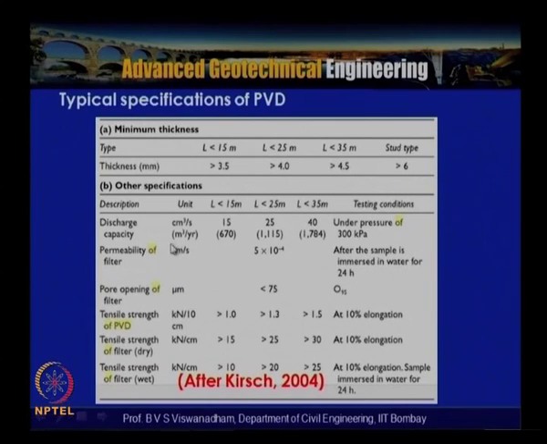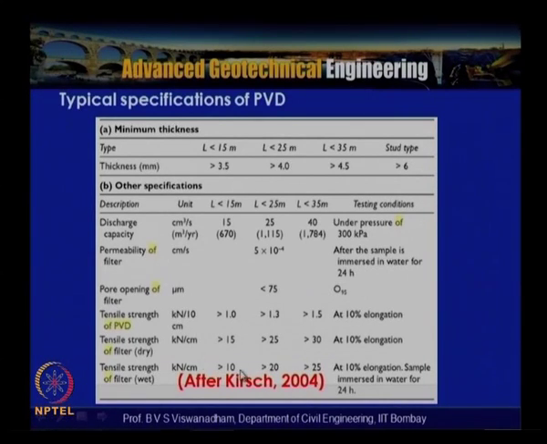You can see that the discharge capacities are about 670, 1000 and 1800 meter cube per year under a pressure of 300 kilopascals, and the tensile strengths, in kilonewton per 10 centimeters, are greater than 1 and 1.3. Tensile strength of the filter is also very important, and tensile strength of the filter in wet condition is also shown here.